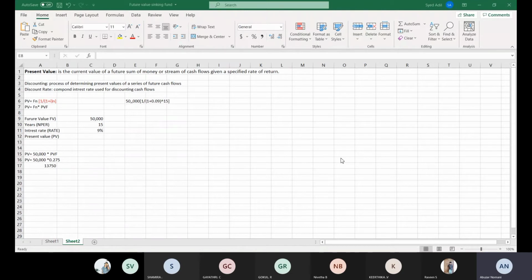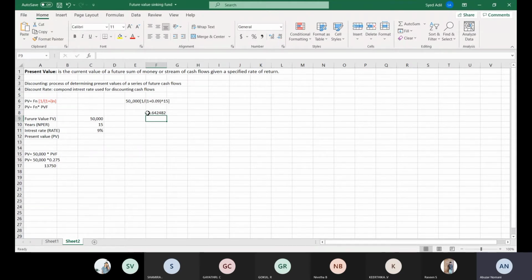Then 1.09 raised to the power 15. How much will it become? The value that comes is 3.64.